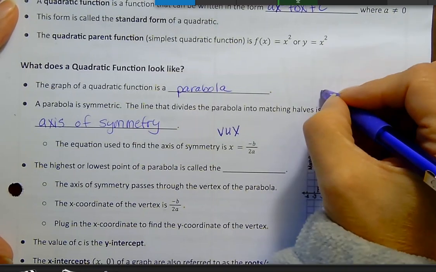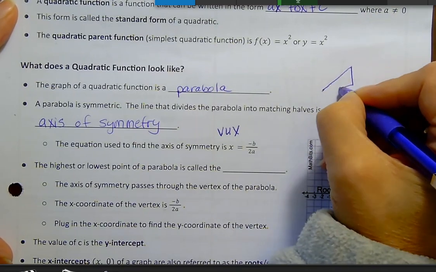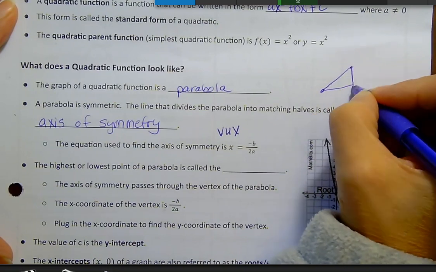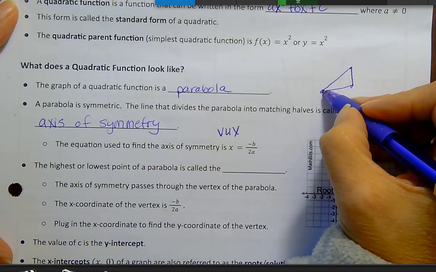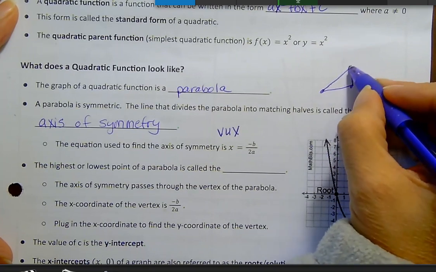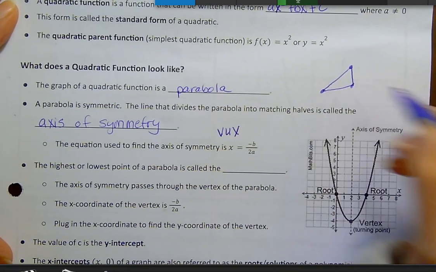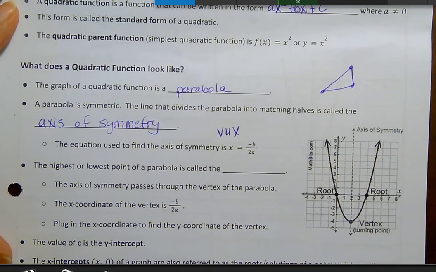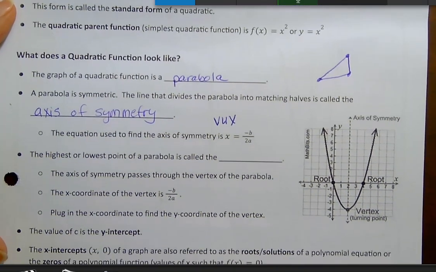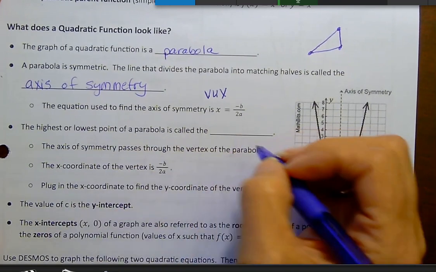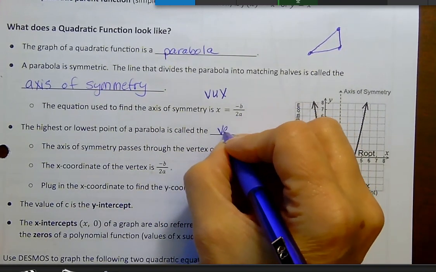Remember from previous geometry units, looking at a triangle or any other polygon, any intersection of two lines or line segments is a vertex, and when there's more than one, we have vertices. When we're using parabolas, we're generally going to have just one vertex in this section of our quadratics unit. So the highest or the lowest point of a parabola is called the vertex.